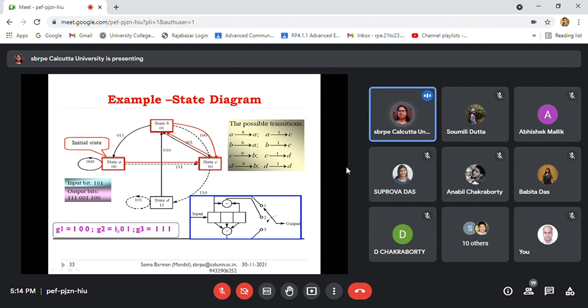The code rate and the constraint length should also be given. Then from this information you can easily draw the state diagram. Clear?